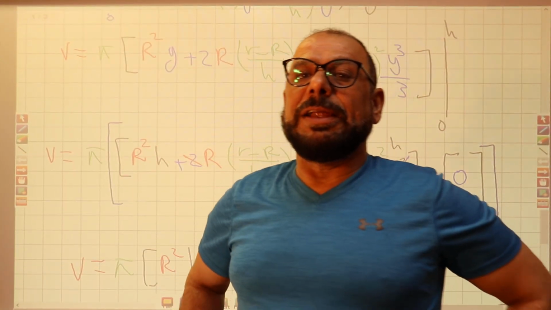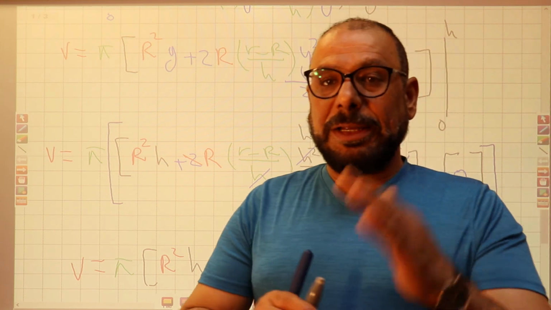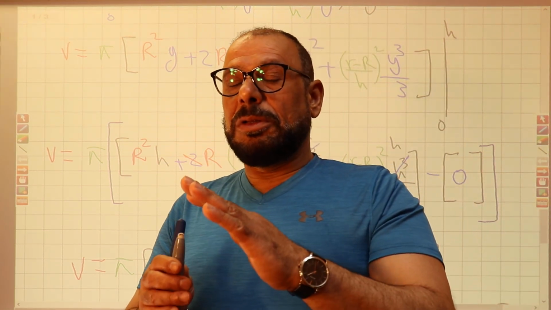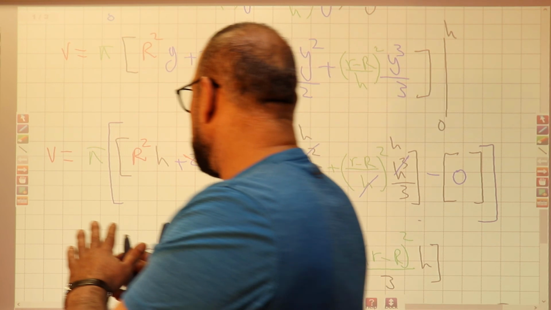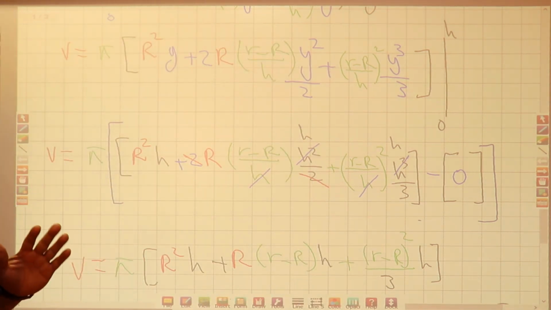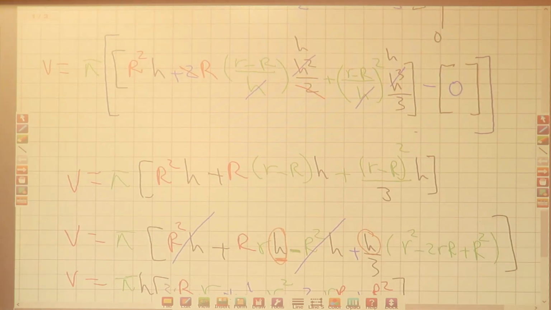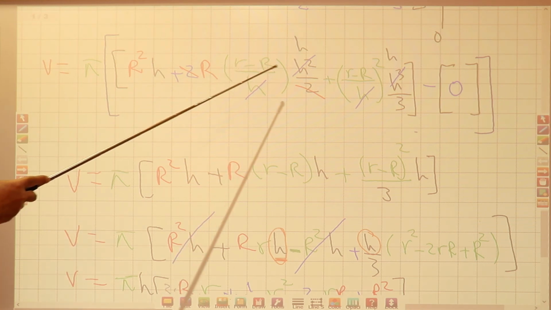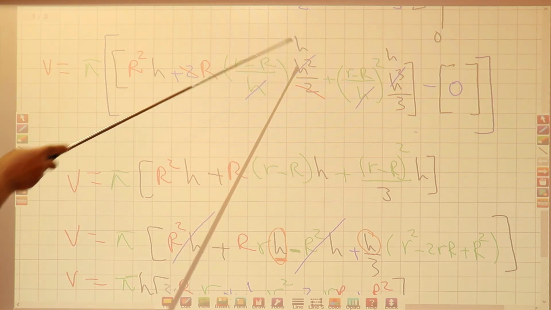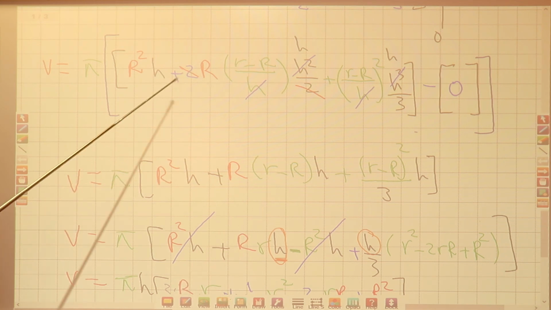Now you have to simplify your algebra statement. How do I simplify it? Let us see. Look: h squared and h cancel, left h. The 2 cancels with 2.